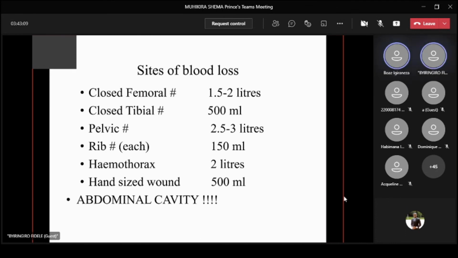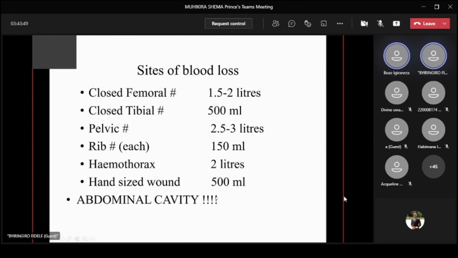Your abdomen can take even 10 liters, because it's elastic. Yes, it can expand. If your abdomen can expand, it means it can contain your total volume of blood. That's why for the abdominal cavity, we did not mention a blood volume it can contain.